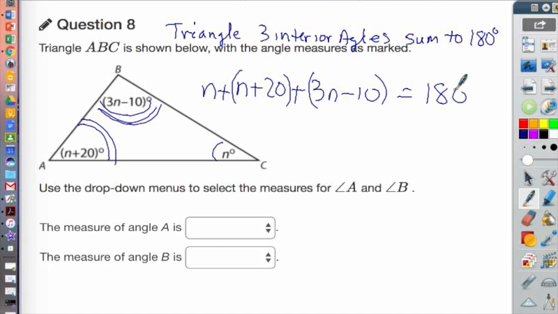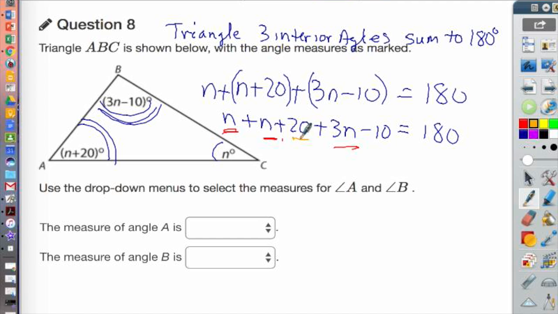Now I just got to combine some like terms. I'll take the parentheses off now. The things that are alike: that one and this one. Other alike is the 20 and the minus 10. N and 3n is 5n.